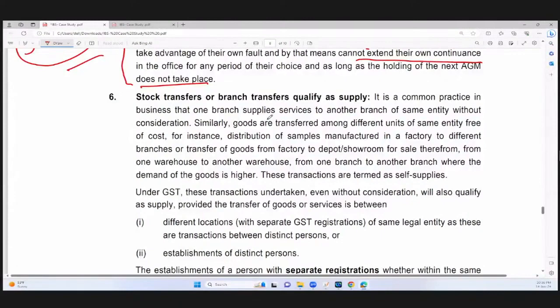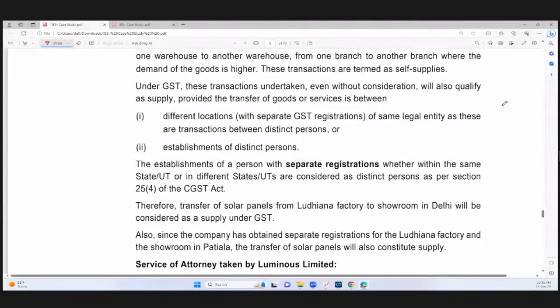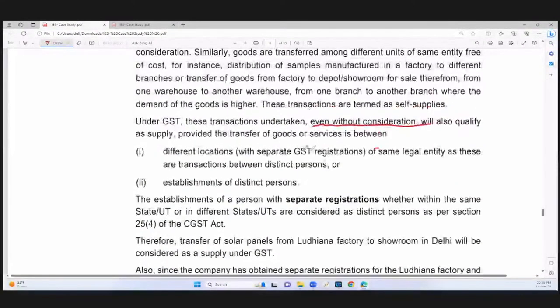So under GST, these transactions undertaken even without consideration will also qualify as supply, provided the transfer of goods or services is between different locations of the same legal entity, as these are transactions between distinct persons or establishment of distinct persons.